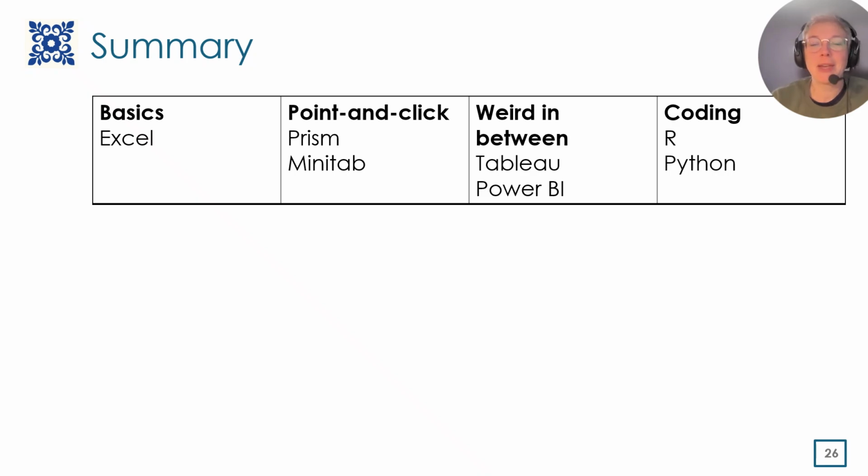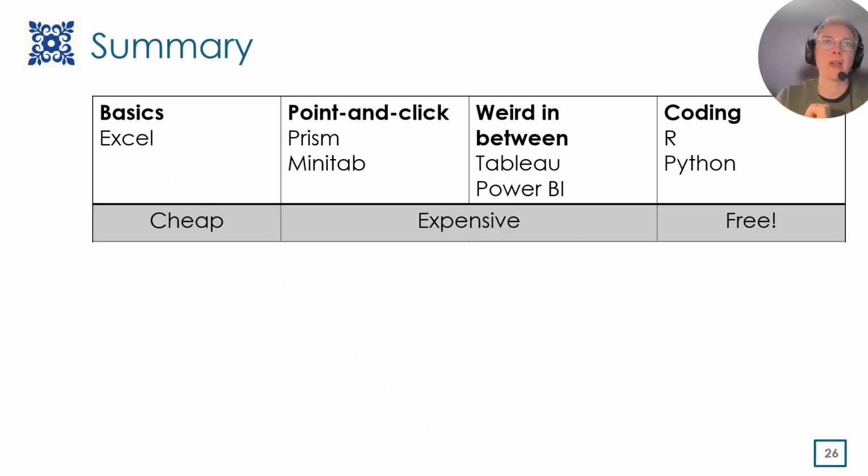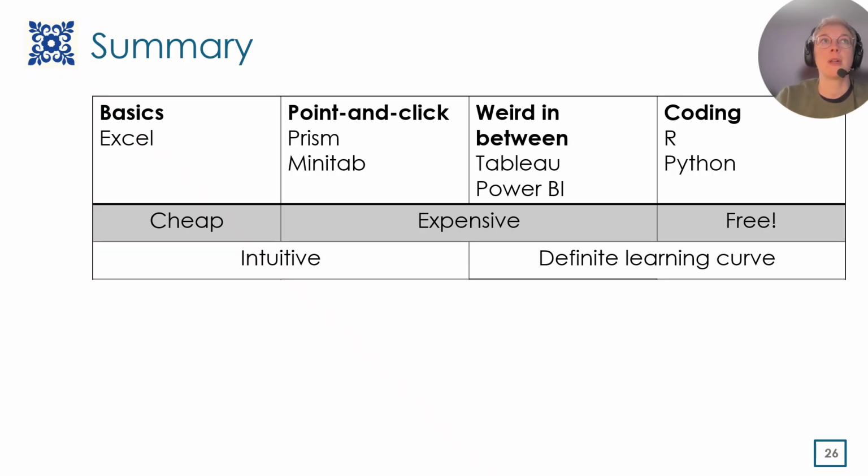All right. So what's a summary of all that we said up to this point? Here you have the different types of software: Excel, point and click, weird in-between fancy software, coding. In terms of price, you're going to want to go probably with R and Python, so the coding ones, or with Excel. These are the cheapest ones.